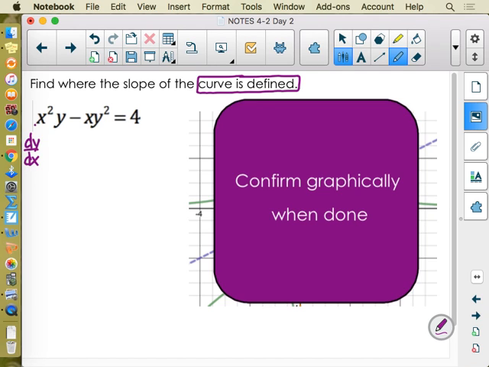We've got a little bit of product rule going here. We also have a little bit of product rule going here, so when we differentiate on both sides, we're going to need to make sure that we do that carefully. On the other side, what's nice is we'll get a 0. So differentiating this first part by product rule, derivative of the first term times the second, plus derivative of the second term times the first.